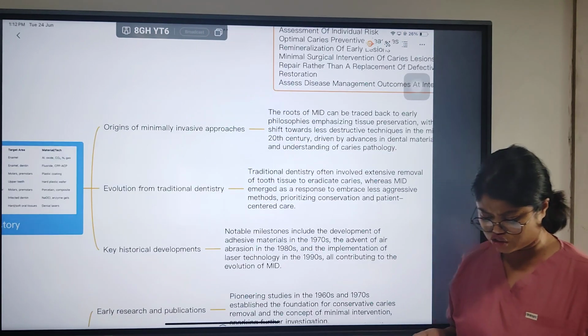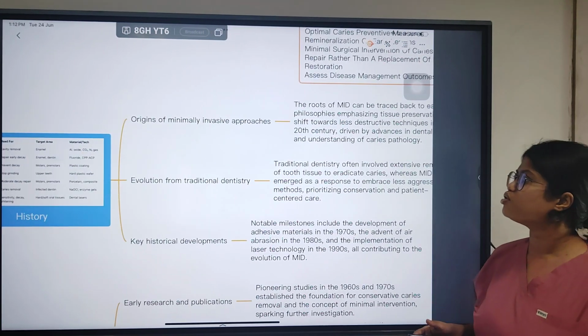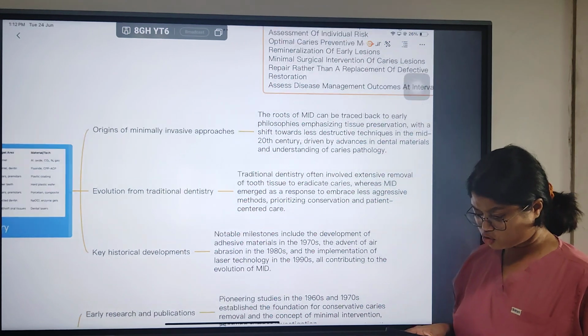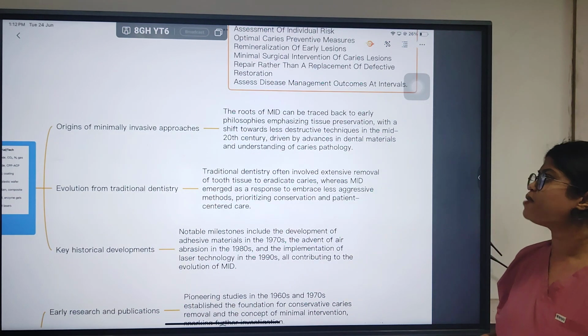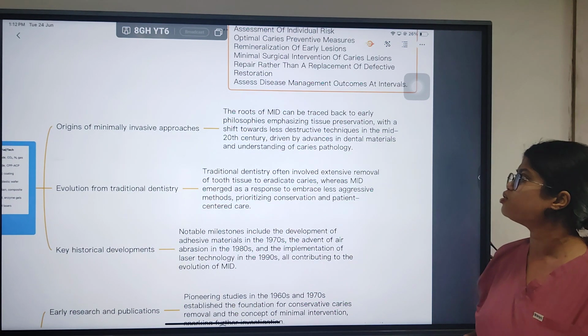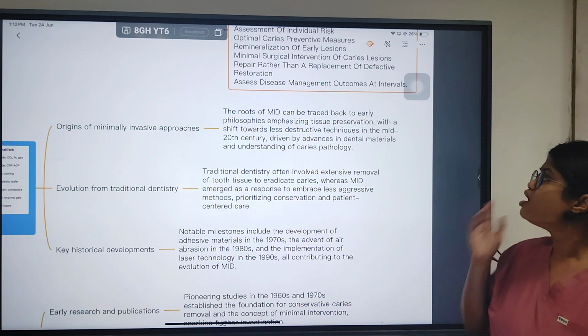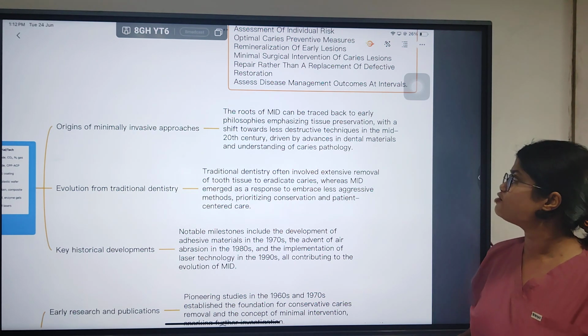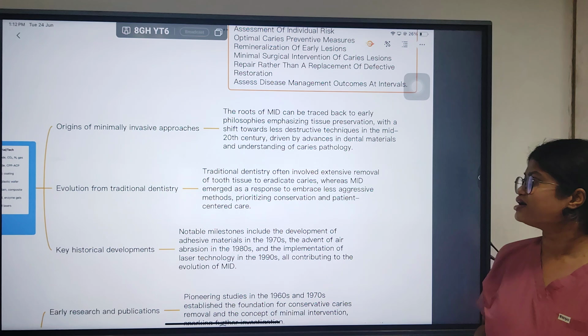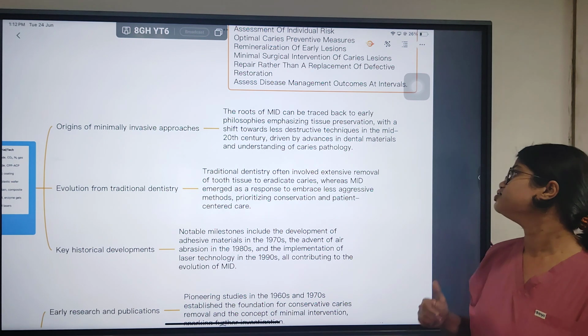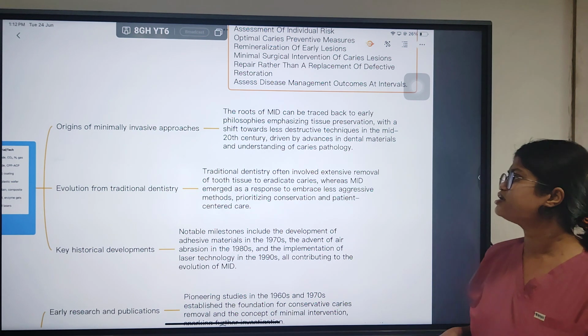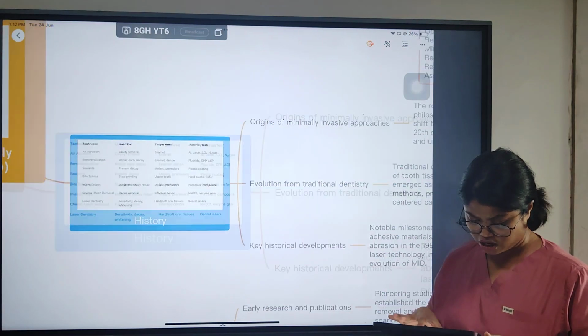So coming to the origins, how the history evolved around MID. The roots of MID can be traced back to early philosophies of tissue preservation, with a shift towards a less destructive approach. In the mid 20th century, there was greater access to dental materials and understanding of the caries pathology.